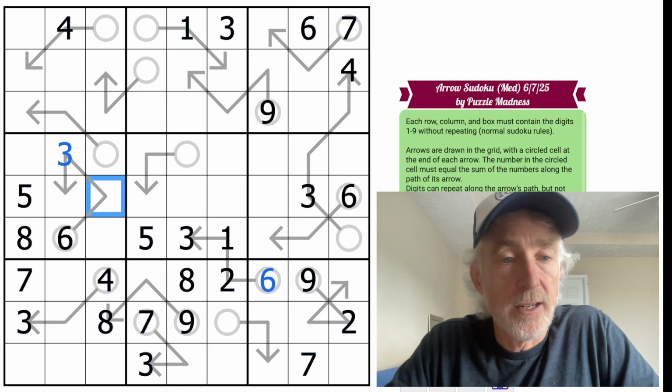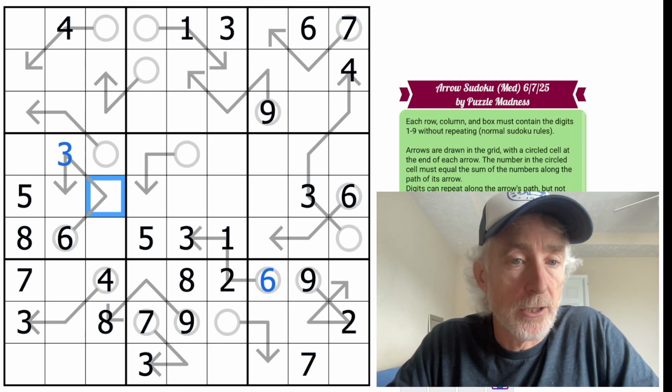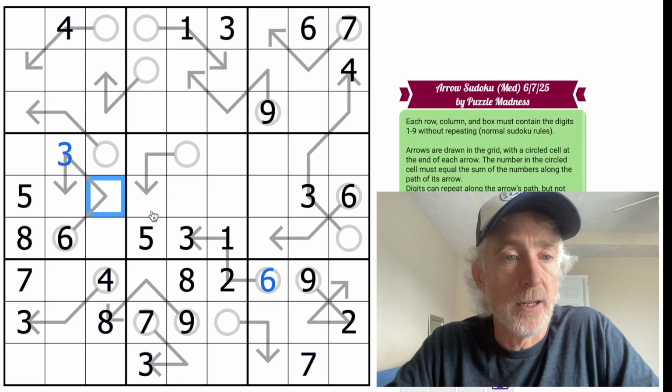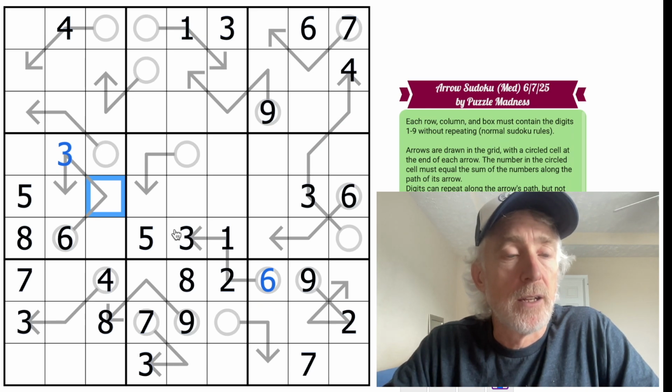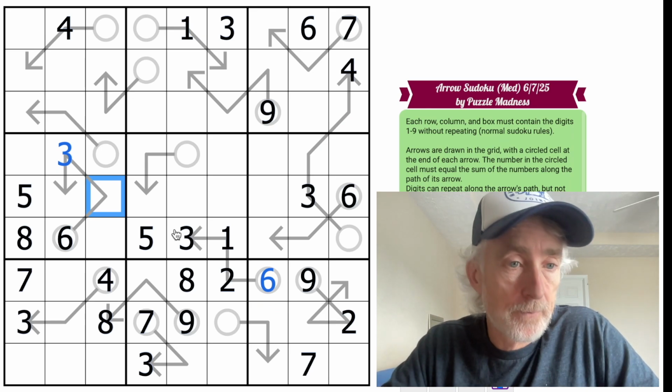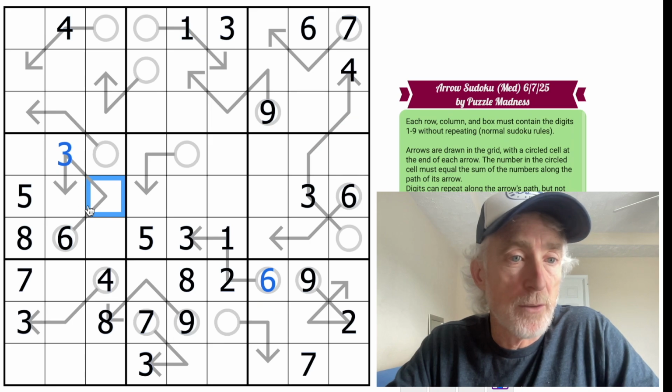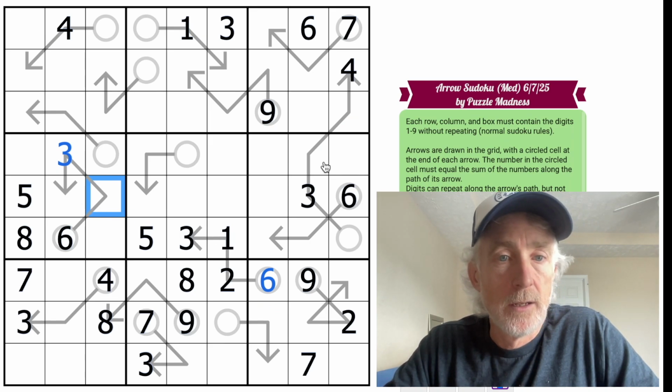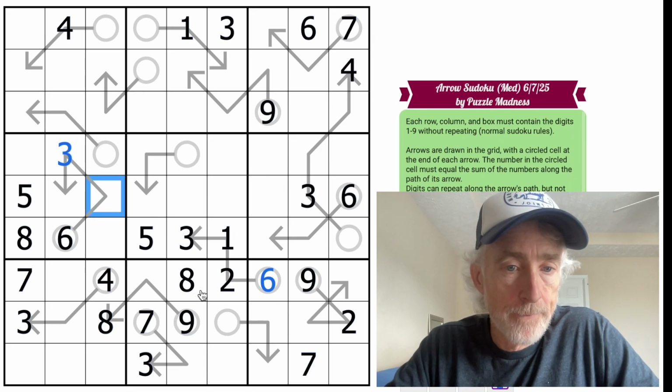I'm going to actually try to do this without using notation just to keep the grid a little bit uncluttered. And I don't think we'll really need it. But this is a 1, 2 pair. Well, before we do that, let's just see what else we have here that we could do.